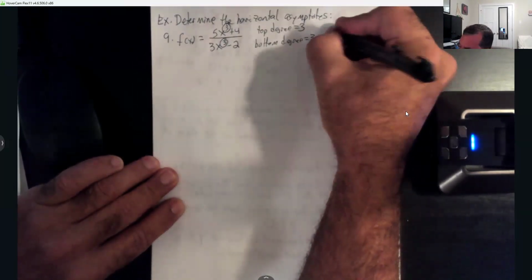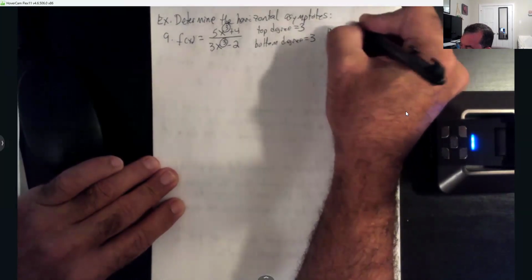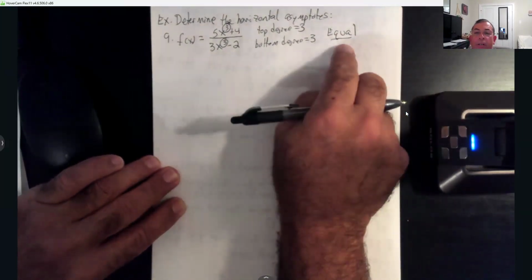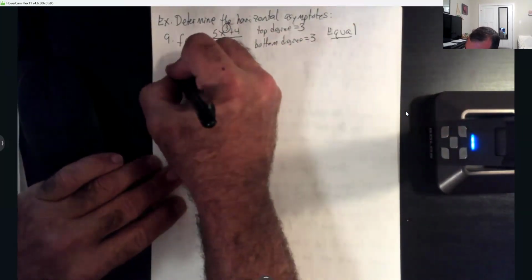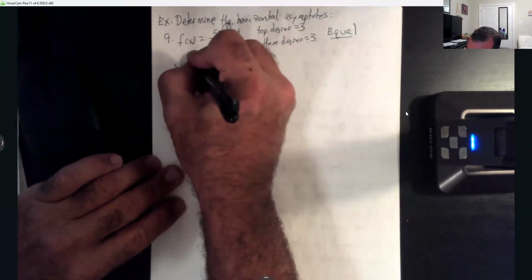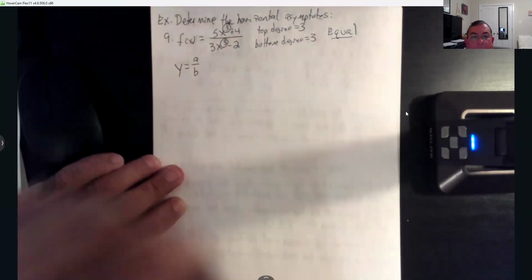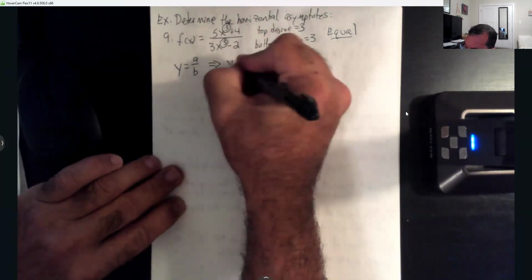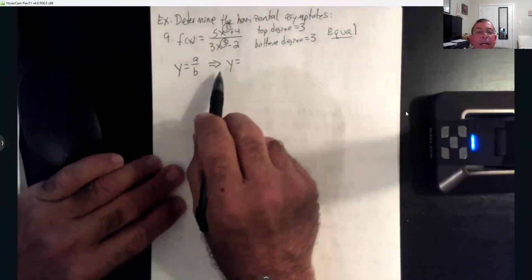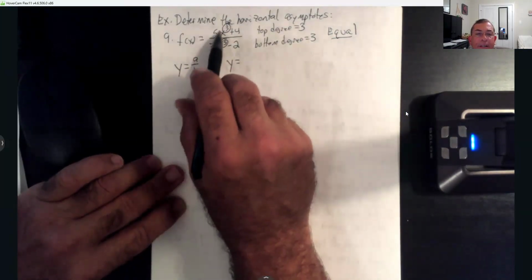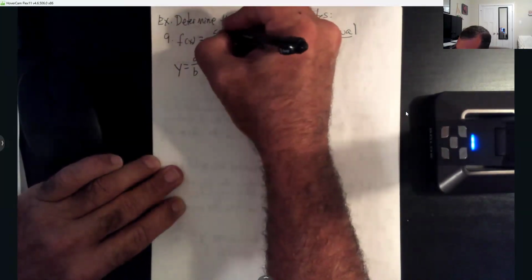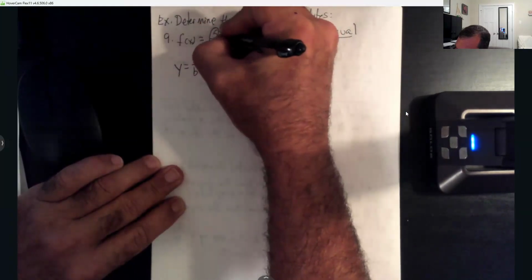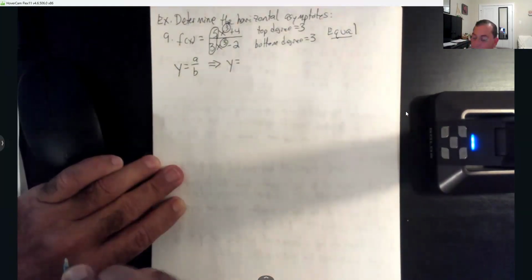So they are equal. So since they're equal, my horizontal asymptote will be y equals a over b, which means y will equal the lead coefficients. And y'all, the lead coefficients are the 5/3.